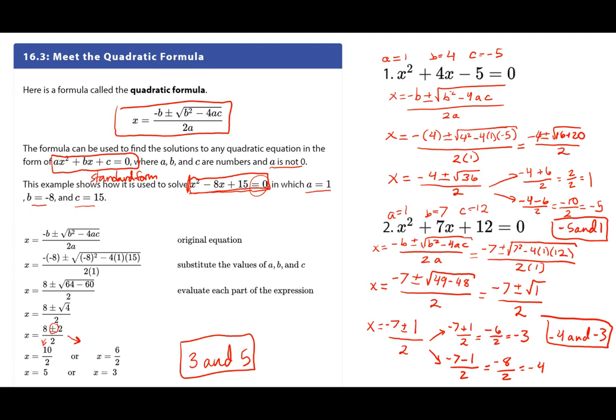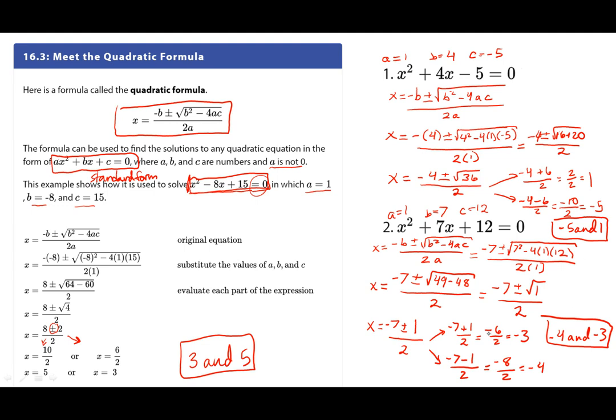In the first two examples of using the quadratic formula, we got whole numbers. So that means the quadratic formula will always work. But sometimes factoring would have been a little bit faster. If we had been able to find that this expression, x squared plus 7x plus 12, could be written as x plus 4 times x minus 3 equals 0, factoring would have been a little bit more efficient.